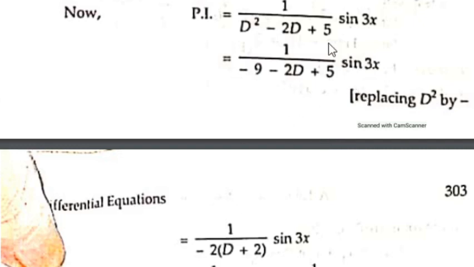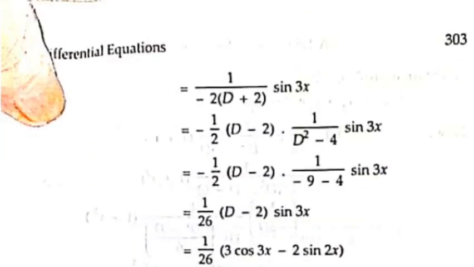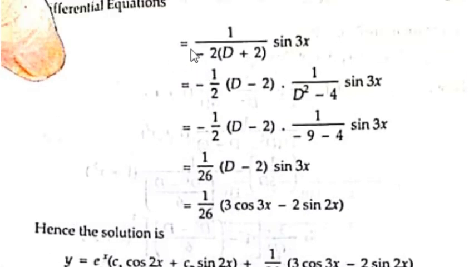Then simplify this, which gives −2D, then −9 + 5 is −4. Taking −2 common, we get −2(D + 2) sin 3x, that is, 1/(−2(D + 2)) sin 3x.